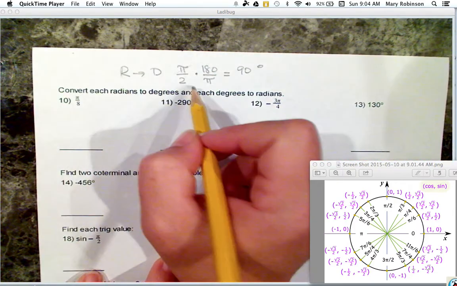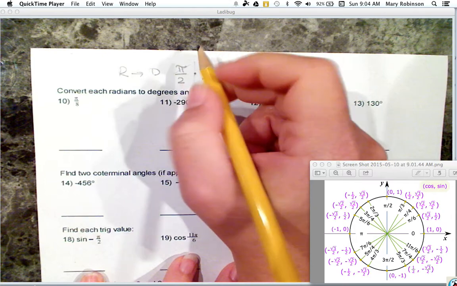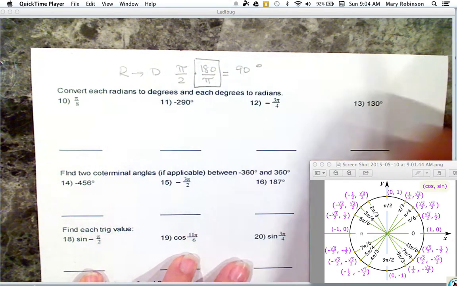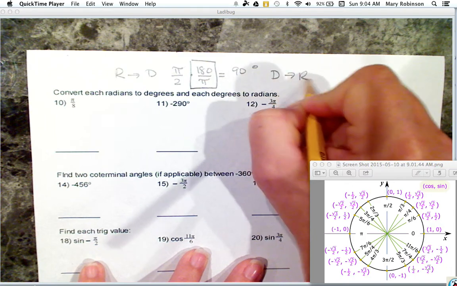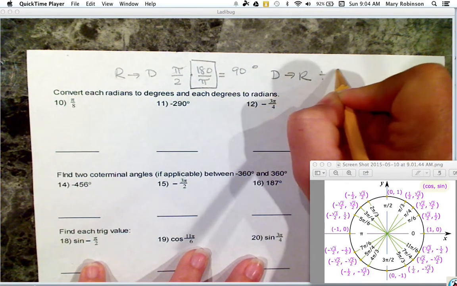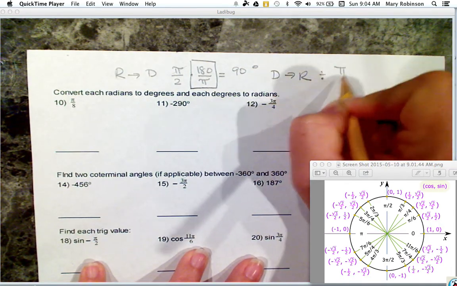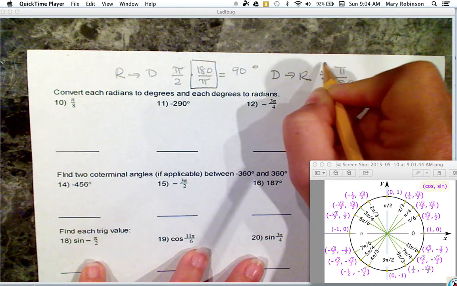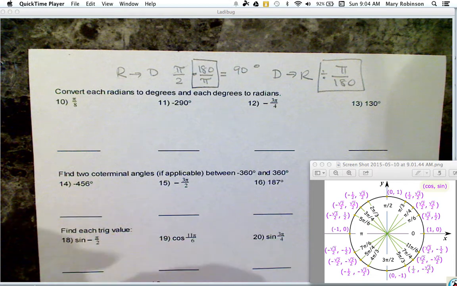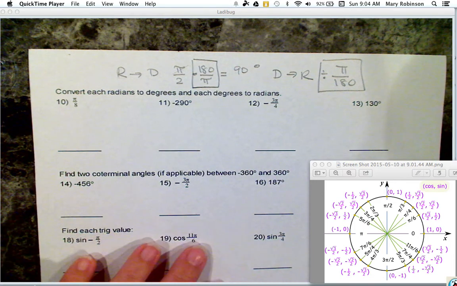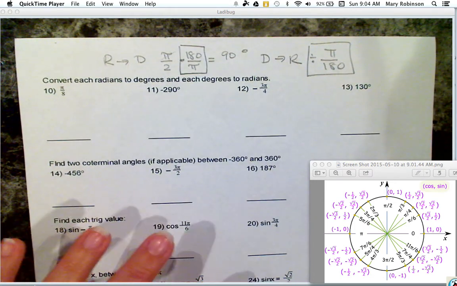So remember that when you convert radians to degrees, you multiply by 180 over pi, and when you want to convert degrees to radians, you multiply by pi over 180, just invert it.